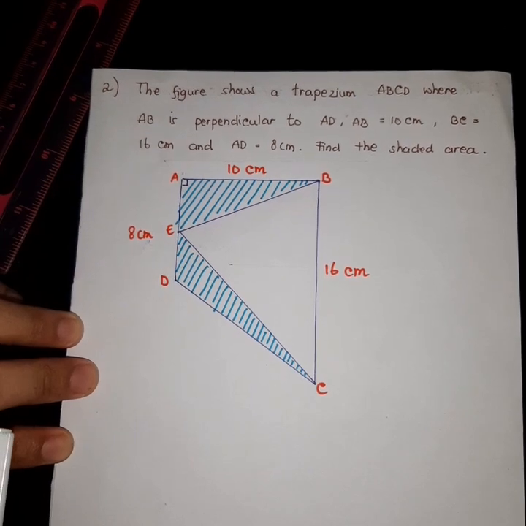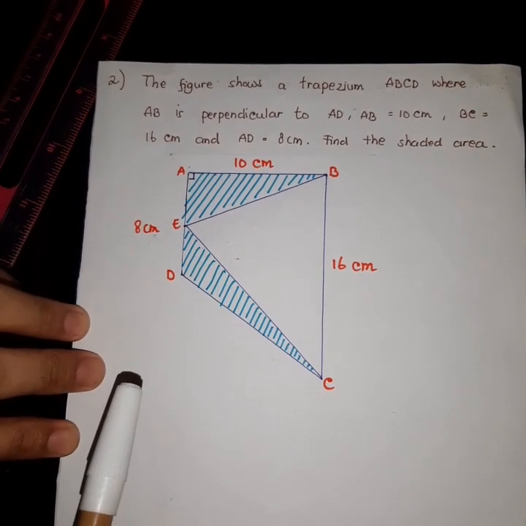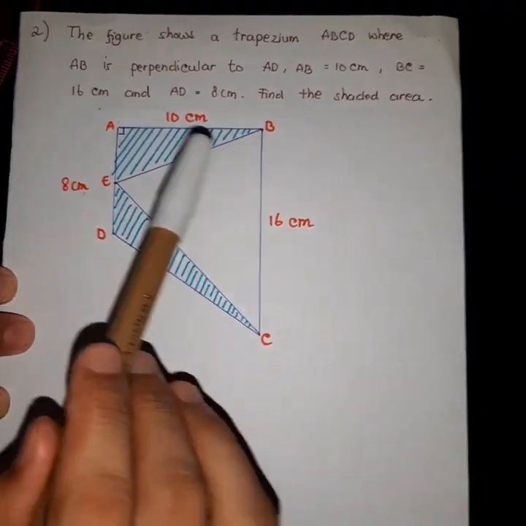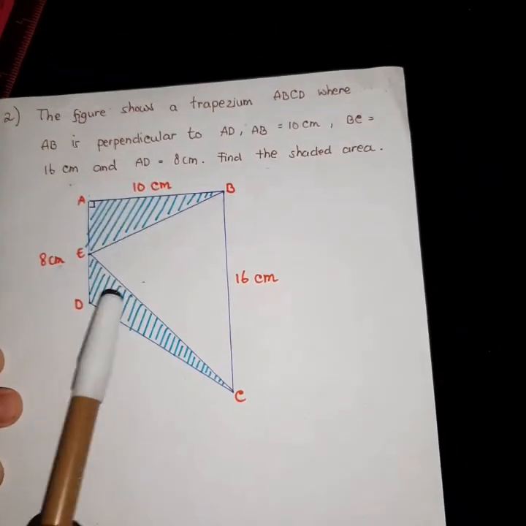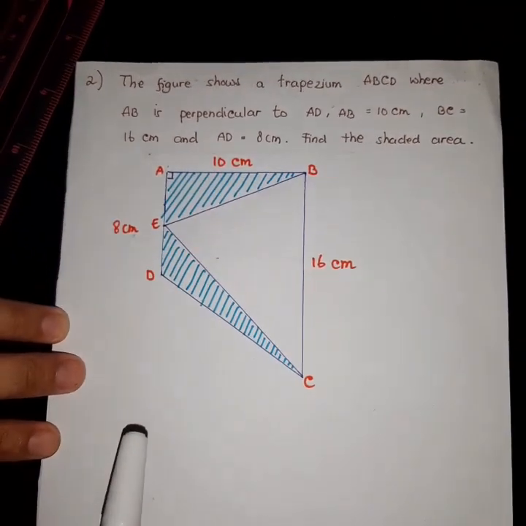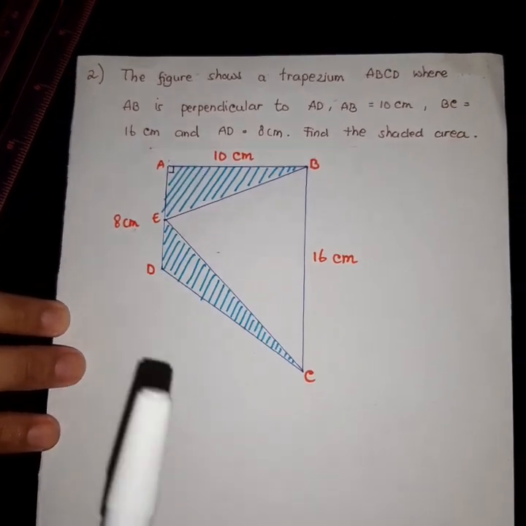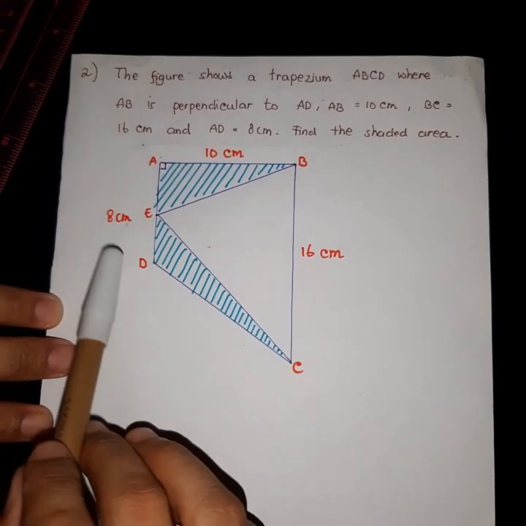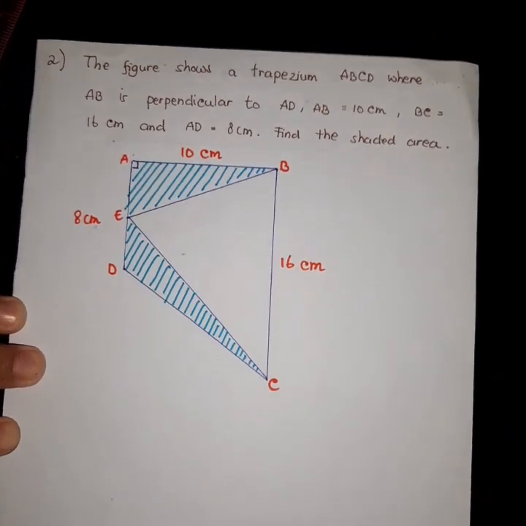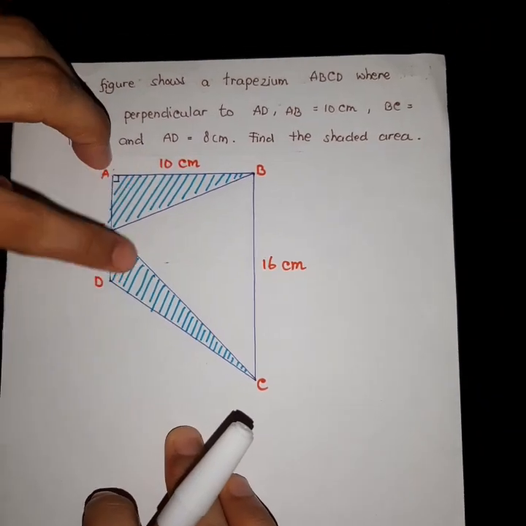I think some of you may think that we can find the shaded area just by finding the area of this triangle and the area of this triangle and then adding both. But maybe the information that we have here is not sufficient to let us find the area of these two triangles.